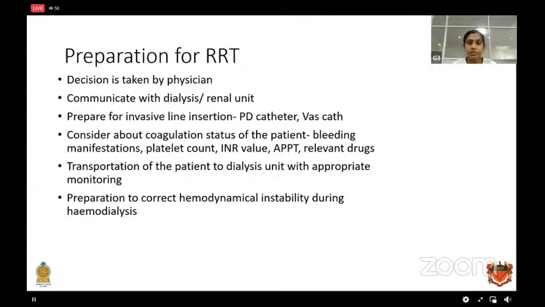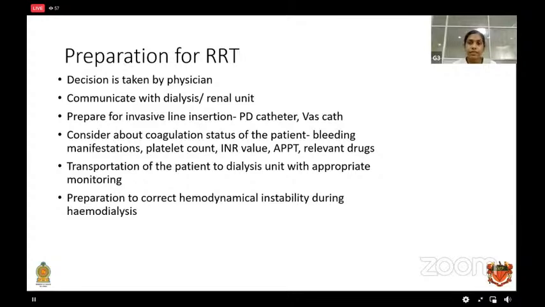This slide is very important, I presume. So usually a decision of renal replacement therapy is taken by your consultant. And then your duties come. So communicate with the dialysis unit or whatever the unit. And then obviously you need a dialyzing catheter, VASCAT.